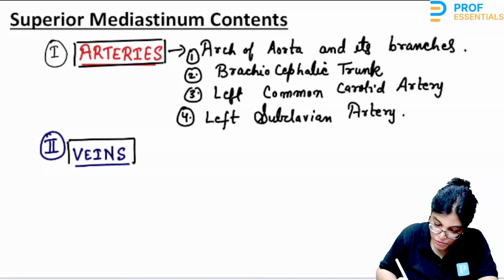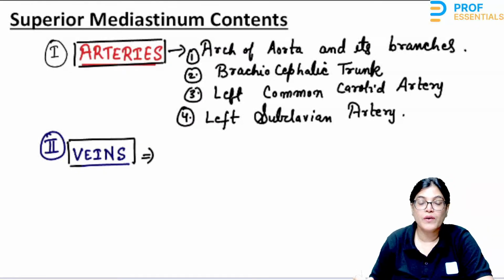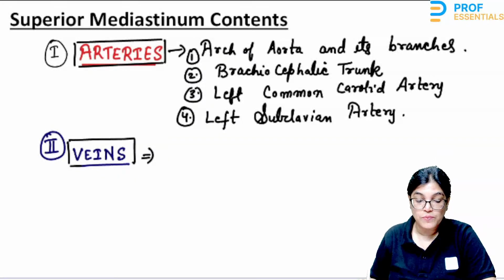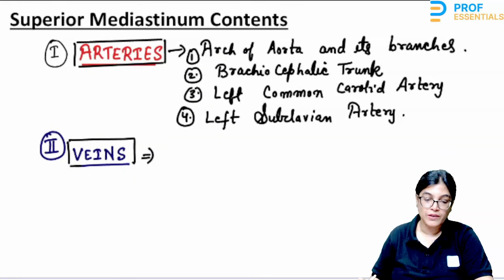Then we will talk about the important contents as the veins. If I talk about the veins, we will have the right and the left brachiocephalic vein, the superior vena cava, and the left superior intercostal vein.